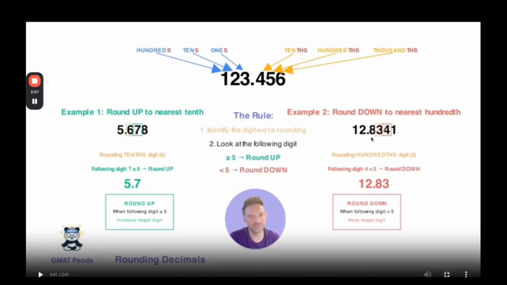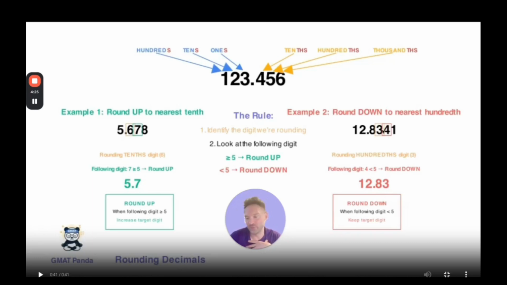Remember the process: once we've identified that, we look at the following one, which is the 4. And we check whether that is 4 or below, or 5 and above. Remember, if it's 5, we should go upwards. But in this case, it's below, and so therefore we round down.